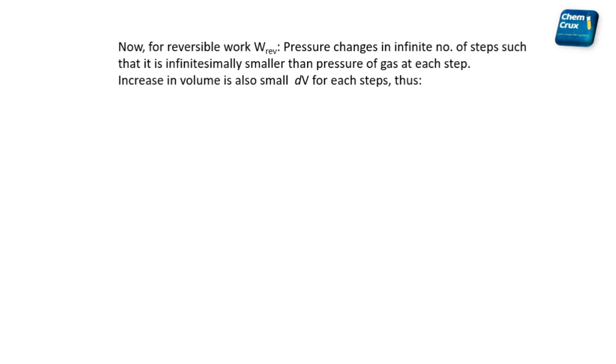So for a reversible process, we need to integrate all the steps because they are carried out in an infinite number of steps, right? So mathematically, we can write the reversible work in this manner, where summation is replaced with integration from V1 to V2 and dV is the small change in volume, right?